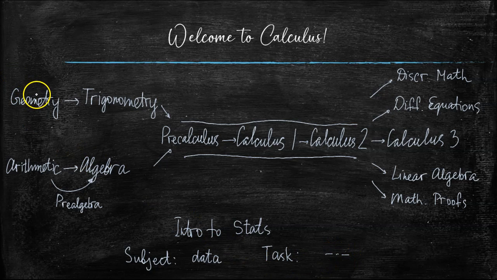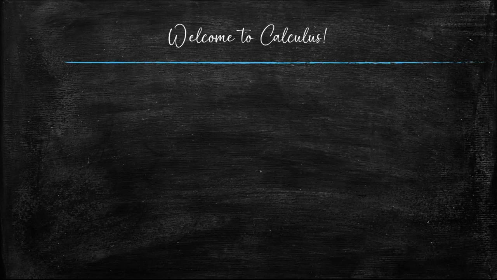But for each of these courses, we will identify, along with the main subject of interest, the main list of tasks that if you know how to perform, then you can probably call yourself an expert in that course.